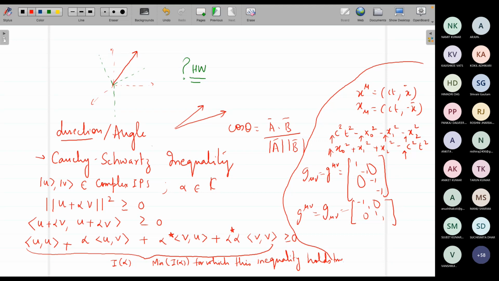I'm keeping this page open and I will let you do this. dI over d alpha. Remember, every triangle bracket is nothing but a complex number, nothing more than that.